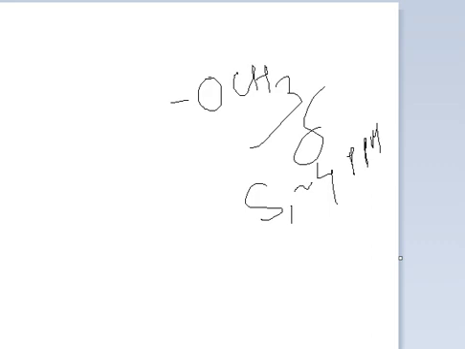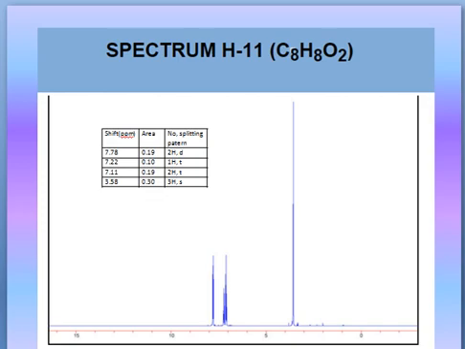Now next let's see the other 5 protons. The other 5 protons are 2H, one triplet, 2H doublet, and another triplet.